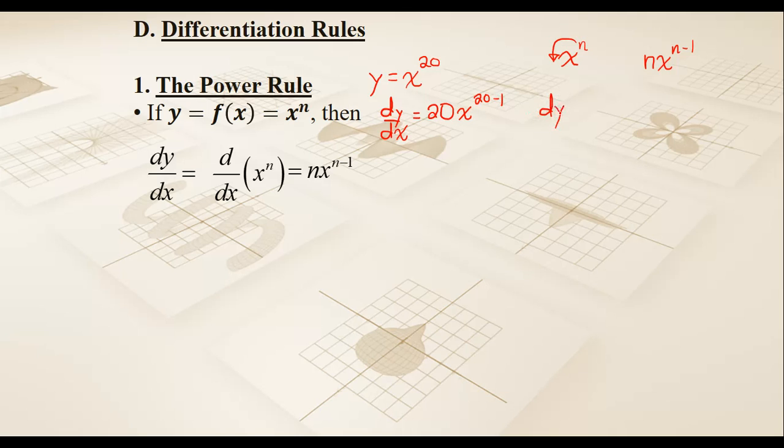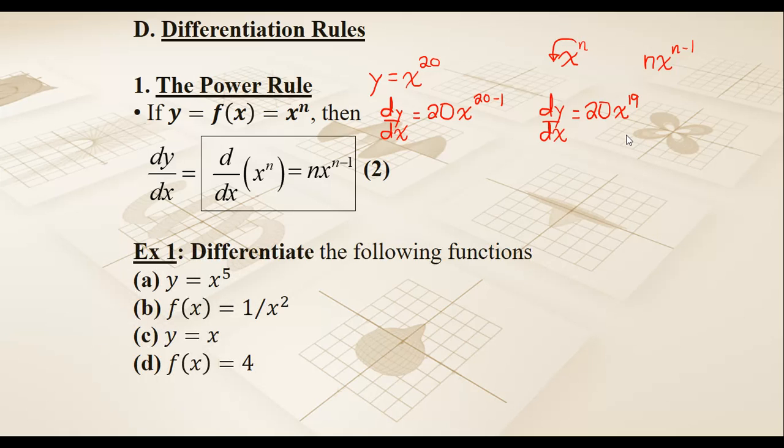Therefore, the derivative of y with respect to x would be 20 x to the power of 19. Okay, that rule that I've boxed and numbered as number 2, that is what we refer to as the power rule. Again, the power rule, because we're looking at the power attached to a specific variable.